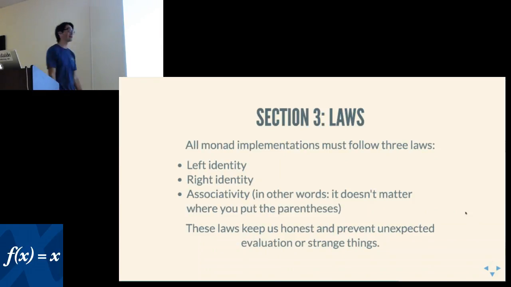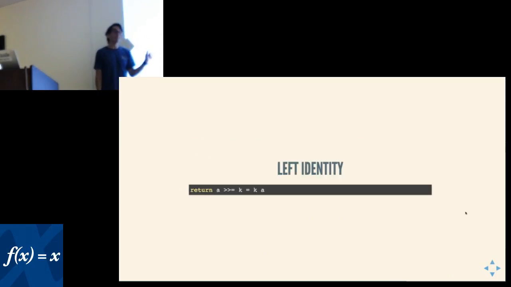So here's left identity. The way these definitions often work is you really have to think of the type signature of bind and what return's giving you. If I have a pure value A, and I want to turn it into a monadic value with return, I'm going to get my MA, whatever the monad is. Bind is going to take an A out and pass it to a function A to MB.